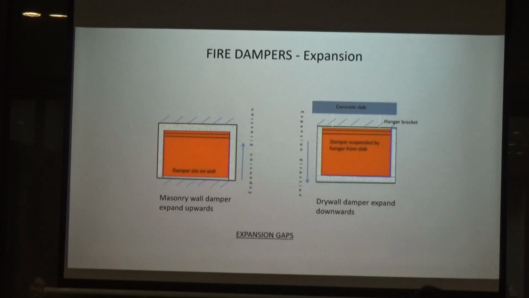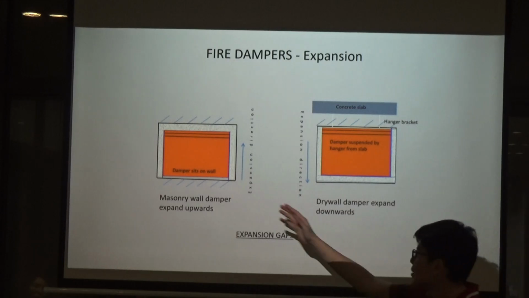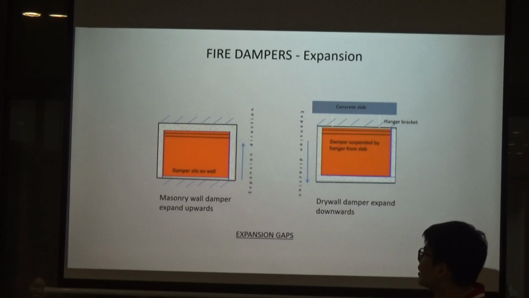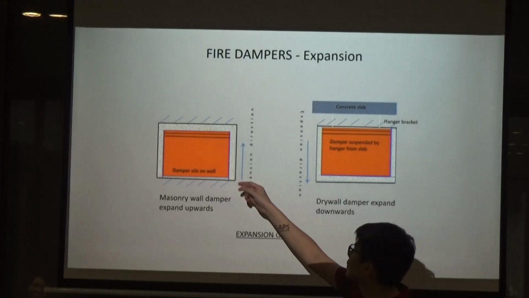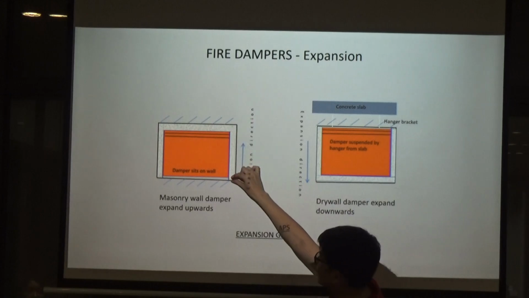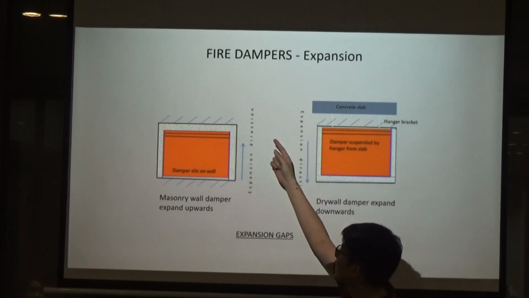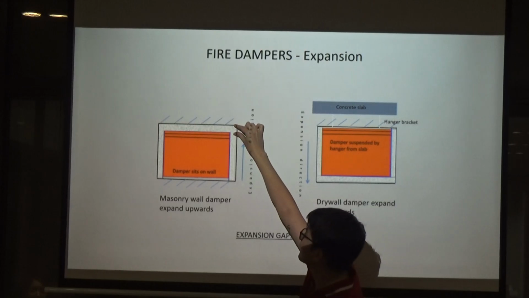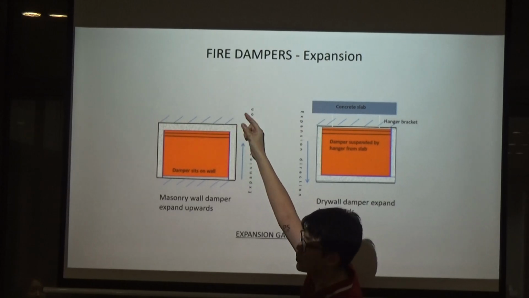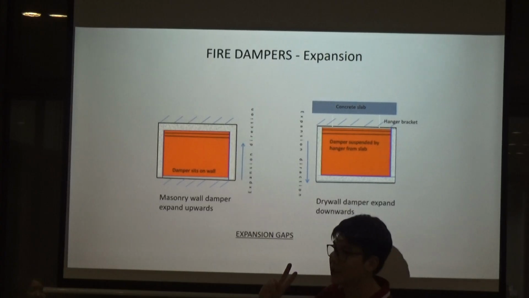Okay, so this is just an illustration. This is for a masonry wall, RC400H. The damper will sit on the wall opening. So here the gap at the top will be more than at the bottom. That's why, in the formula just now, for the top we just take it as that formula without dividing by 2.